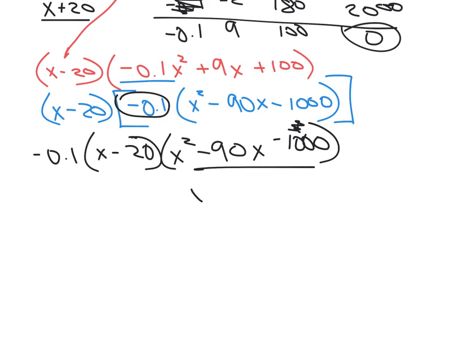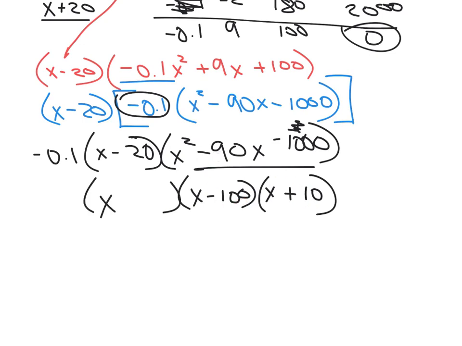So this factors to x minus 100 and x plus 10, because 10 times negative 100 is negative 1,000, and negative 100 plus 10 is negative 90, so that works, giving me x minus 20, negative 0.1.